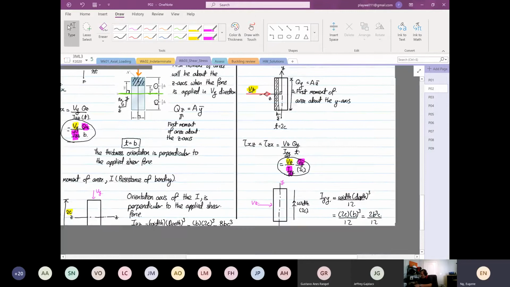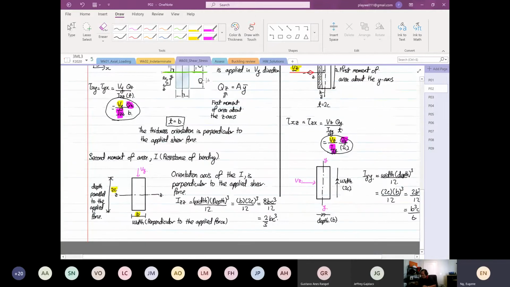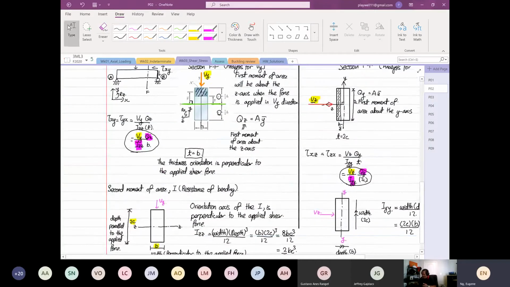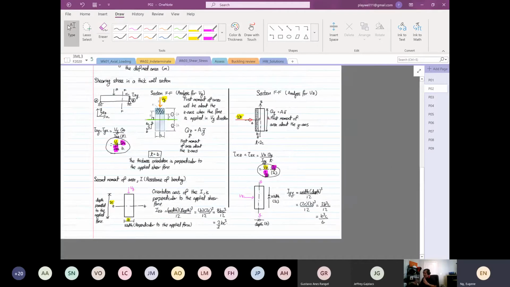A lot of times students get mixed up. If it's VY and you use IYY, QY, then it's all wrong already. That's why I'm telling you this topic is very, very easy, but the rules of when to use IYY, when to use IZZ, when to use QY, QZ all depend on the orientation of your shear force.